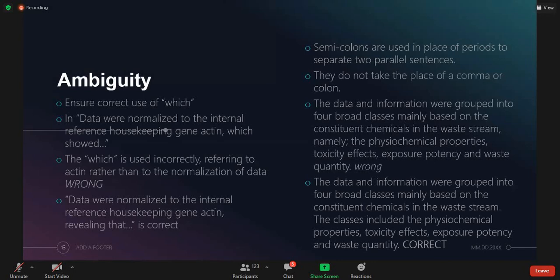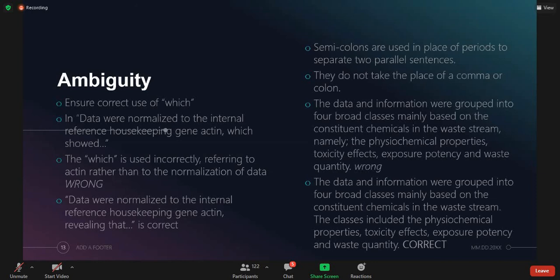So coming to the ambiguity. Quote unquote, the example I read here: data were normalized to the internal reference housekeeping gene actin, which showed. The author is not telling the reader what the term which is referring to.